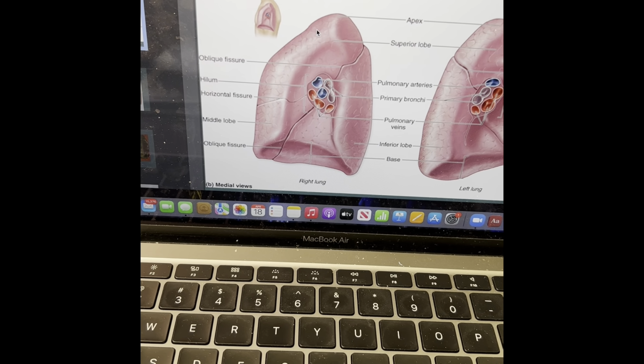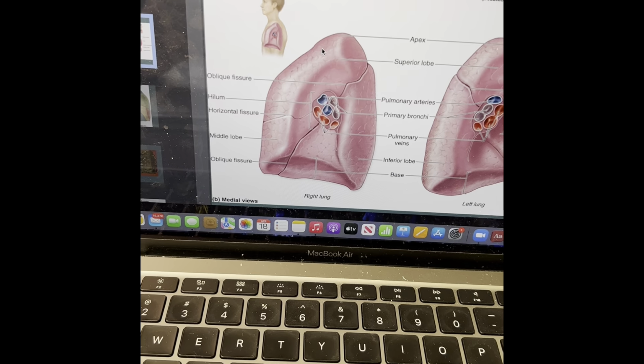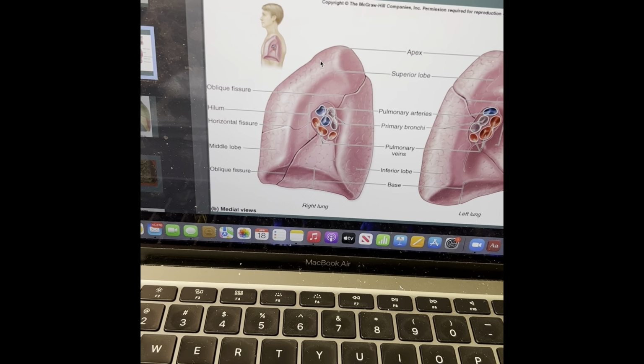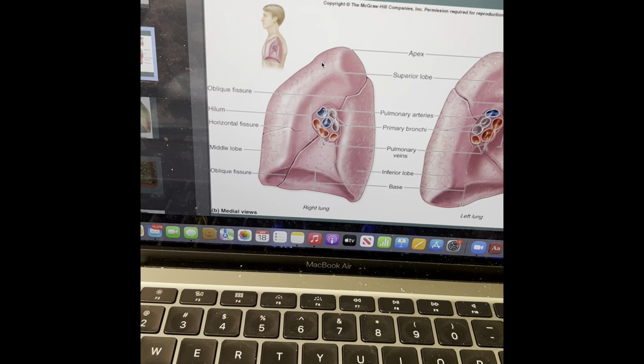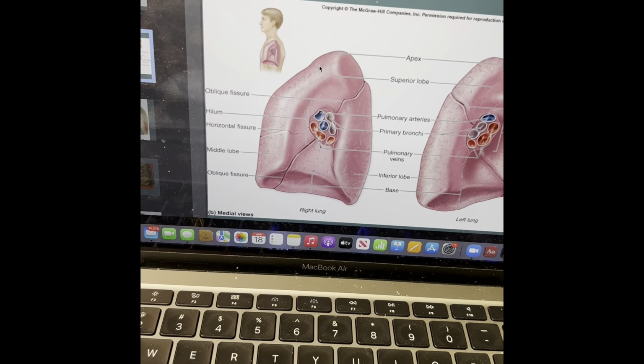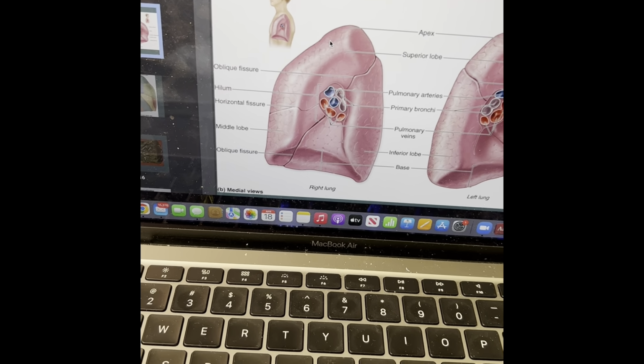The airway is made up of cartilage, and the pulmonary artery and pulmonary vein are made up of muscle. Those are below the airway.